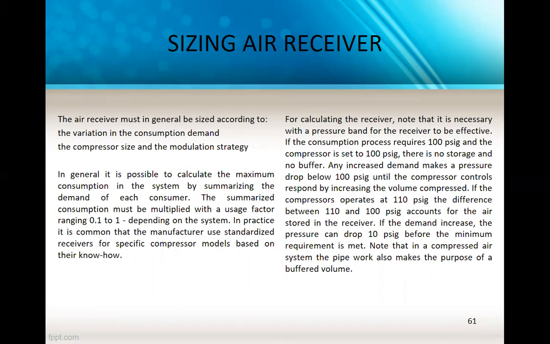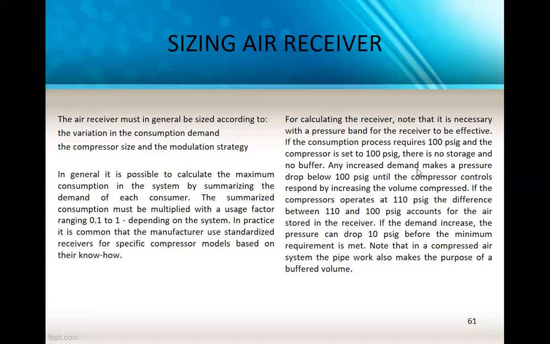In practice, it is common that the manufacturer uses a standardized receiver for a specific compressor model based on their know-how. For calculating the receiver, note that it is necessary to work with a pressure band for the receiver to be effective. If the consumption process requires 100 psi gauge and the compressor is set to 100 psi gauge, there is no storage and no buffer.